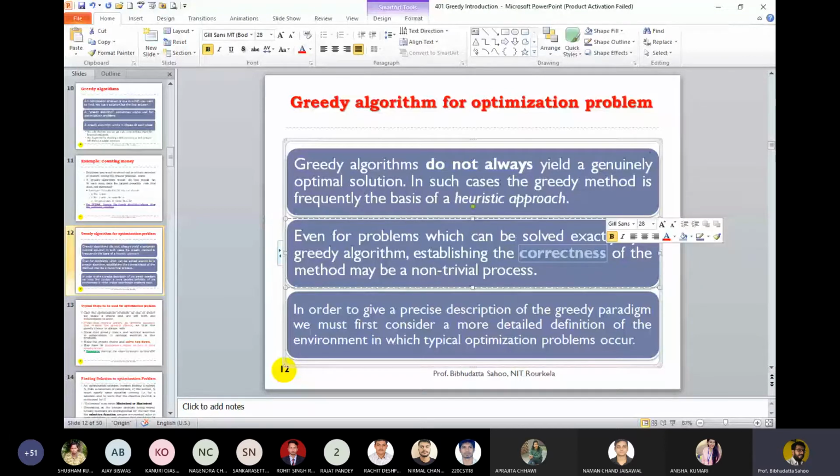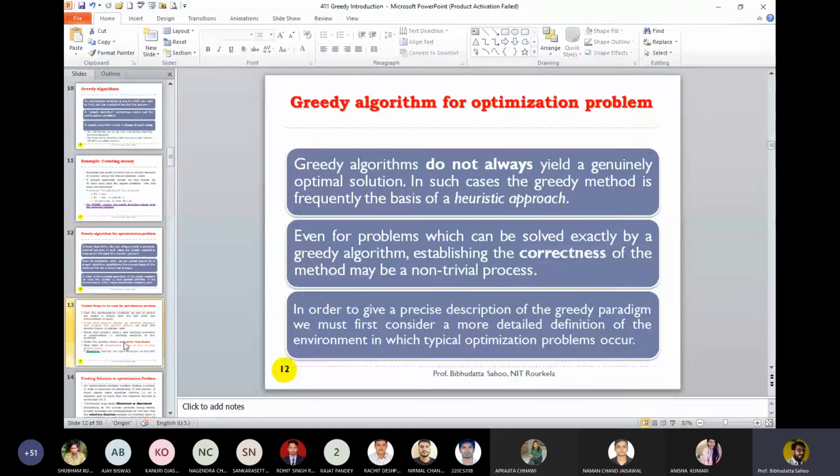In order to give a precise description of the greedy paradigm, we must first consider a more detailed definition of the environment in which the typical optimization problem occurs. Suppose in a 0-1 knapsack problem, the environment is like this: either you select an item or you do not select an item, you have a knapsack size, so many things are considered, so that we model it as an environment.